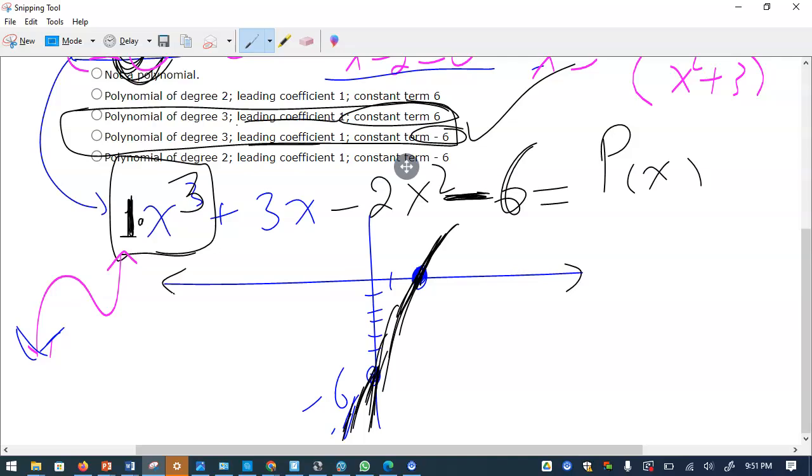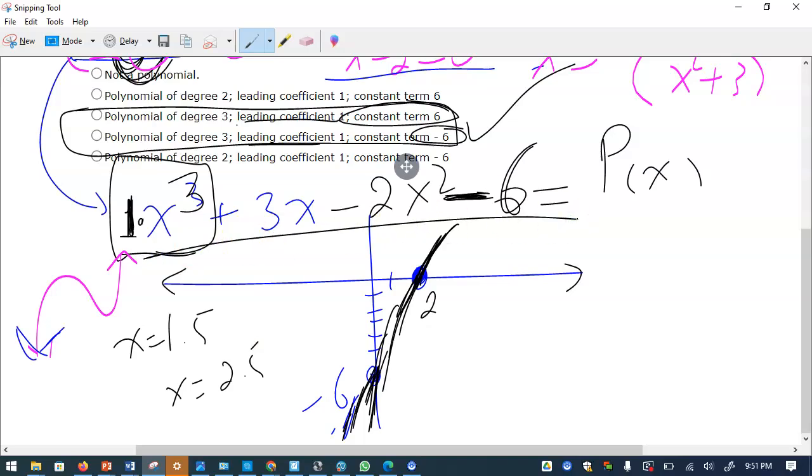The intermediate value theorem says, if you take a number to the left of 2, let's say 1.5, and take x equals 2.5 and plug these in here, you will see the output on the left is negative and on the right is positive. Somewhere maybe it takes a turn like this and goes this way. There is a complex root, which means it doesn't cross the x-axis.